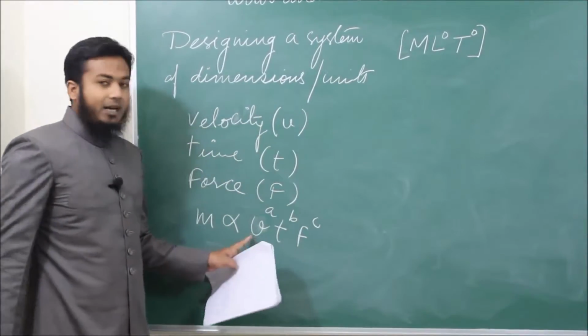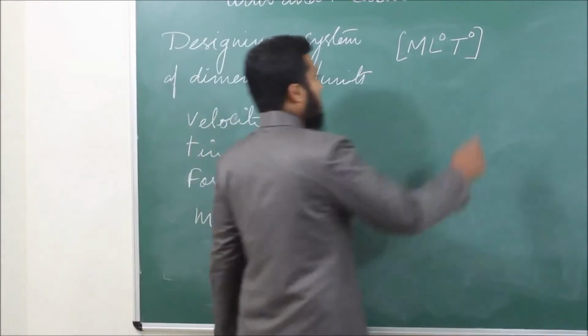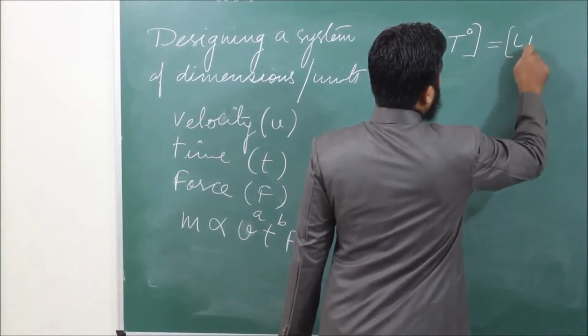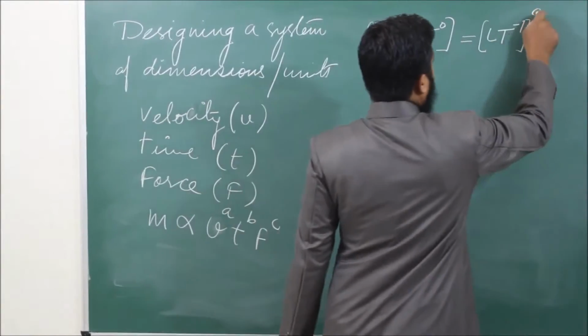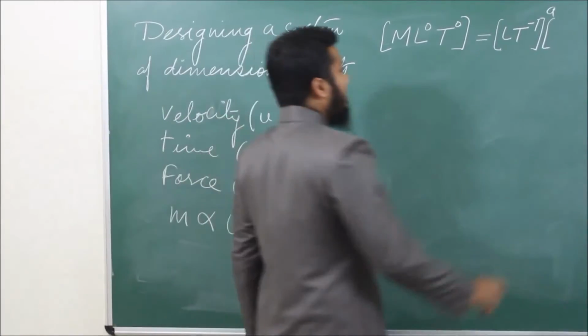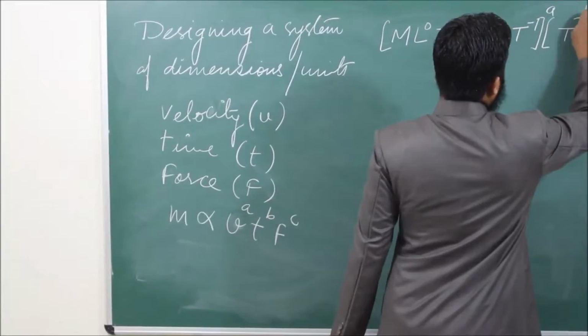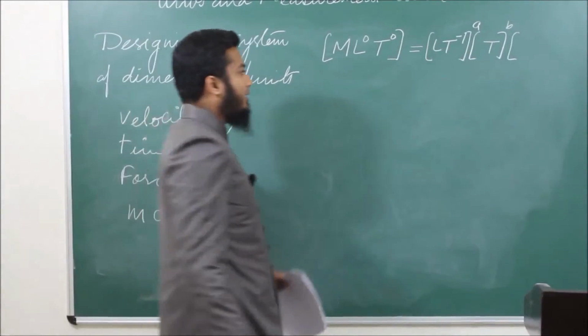On the right hand side, we have velocity, and the dimensional formula for velocity is LT minus 1, and it has a power A. Then the dimensional formula for time is simply T, and it has a power B. And the dimensional formula for force is MLT minus 2.